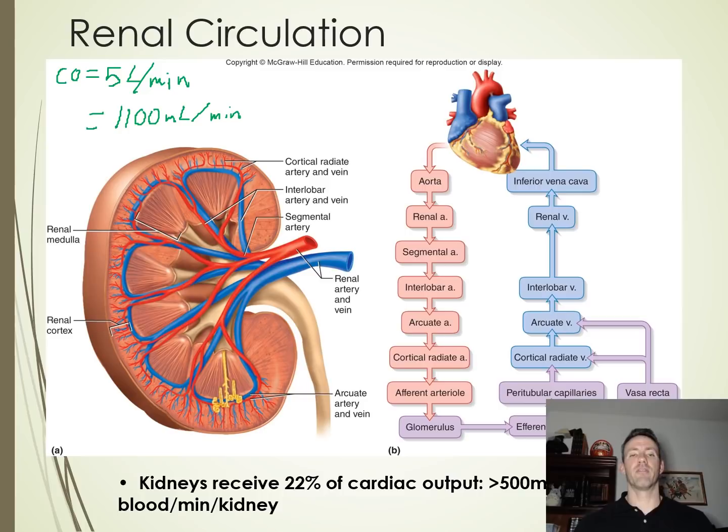So it gets a very large amount of volume every minute, or a very large chunk of the total cardiac output. In this way, it can filter a lot of our blood fairly regularly in order to maintain good homeostasis.